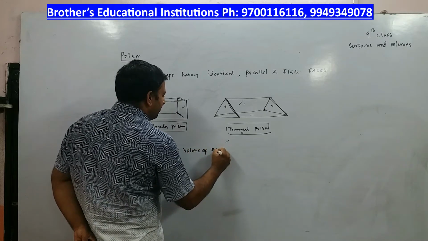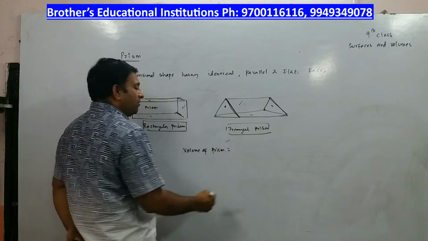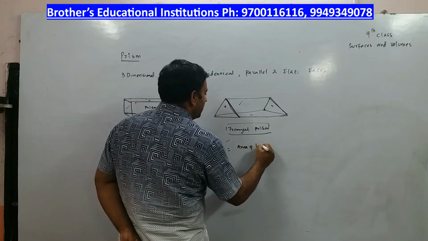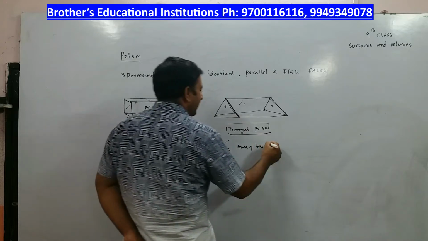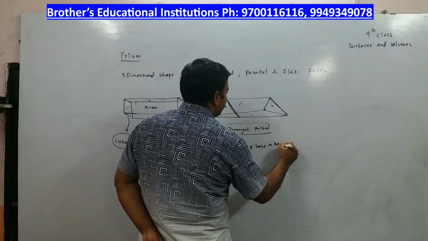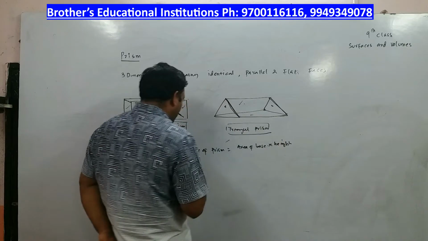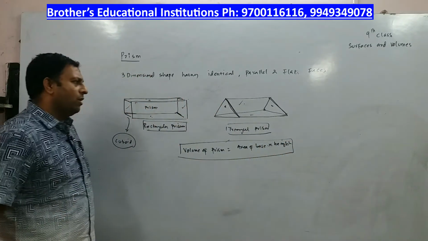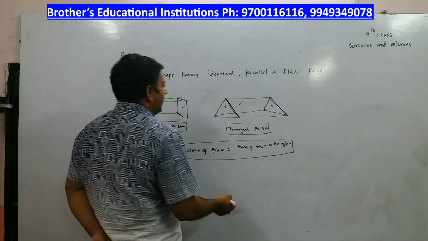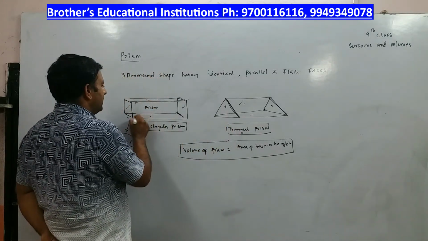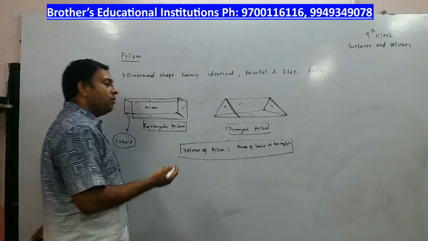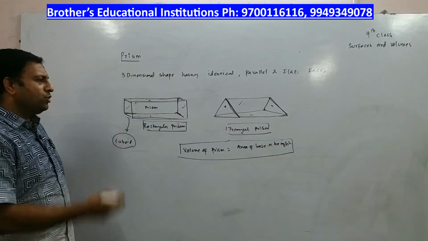Volume of prism is equal to area of base into height. Now what is the height? Here the base is this and the height is this. So area of base into height will give you the volume of the prism. I am sure you understood.